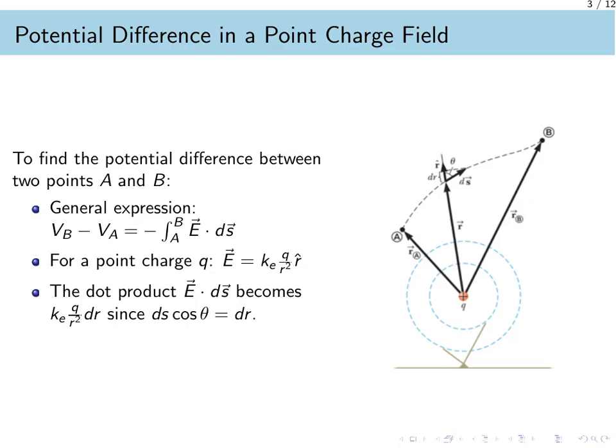For a point charge q, the electric field is the Coulomb constant k sub e times q divided by r squared, directed radially outward. When we take the dot product of the electric field and ds, it simplifies to k sub e times q over r squared times the radial distance dr. This happens because the component of ds along the radial direction is simply equal to dr.